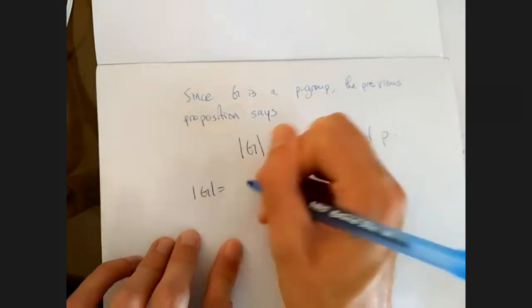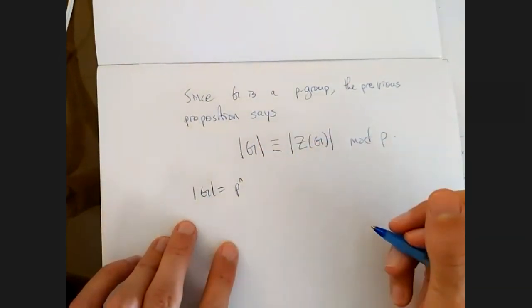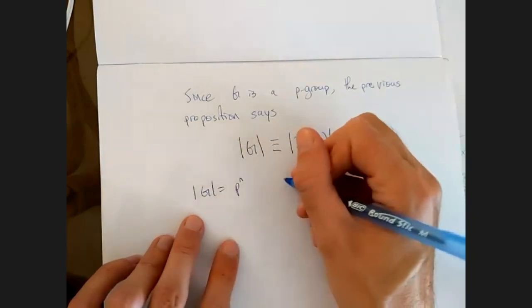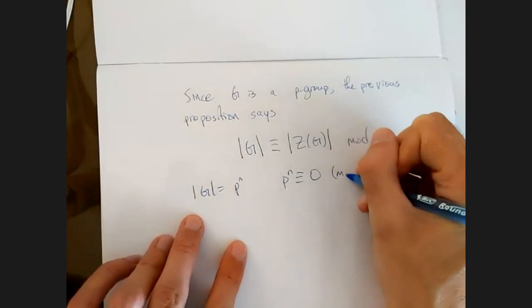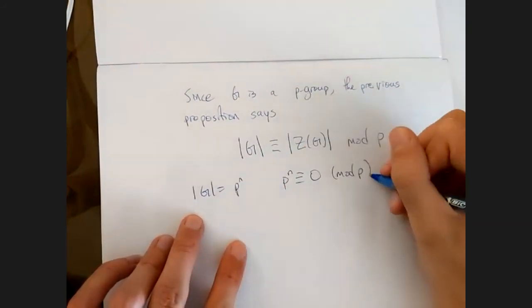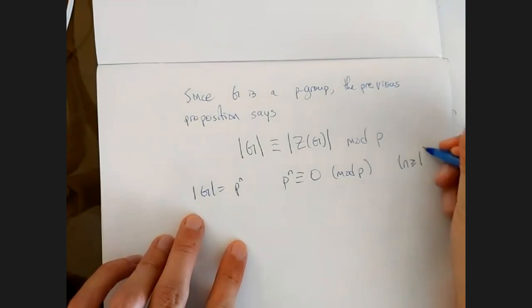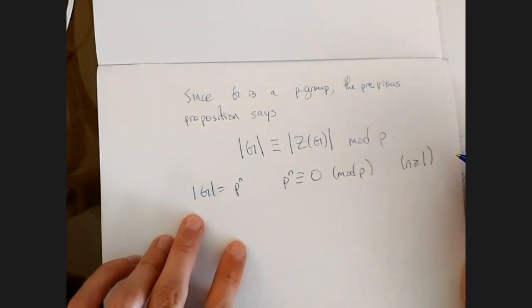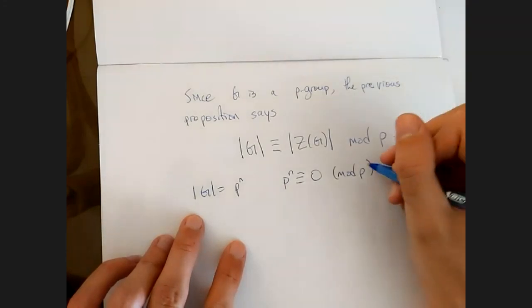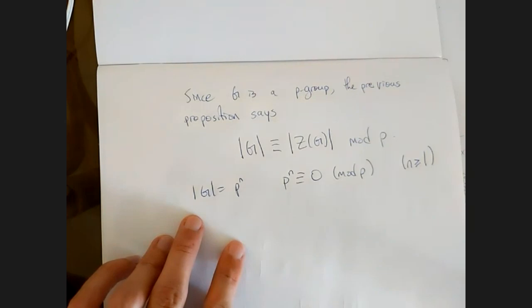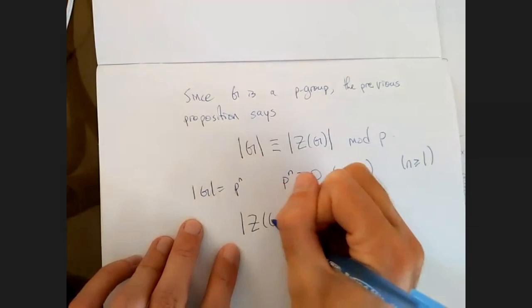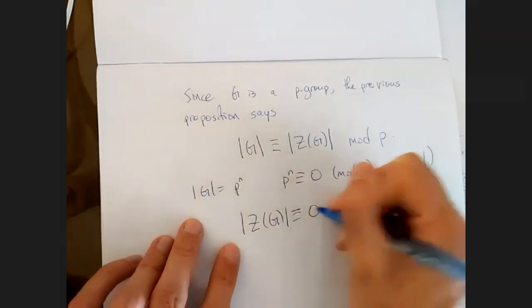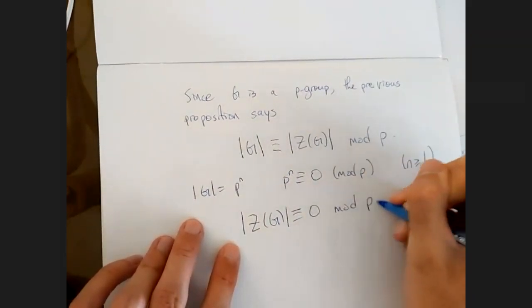That means that the order of G is P to the N. And P to the N is divisible by P, so P to the N is congruent to 0 mod P. Here, N is bigger than or equal to 1 by the definition of P group. So this tells us that the order of the center of G is divisible by P. It's congruent to 0 mod P.